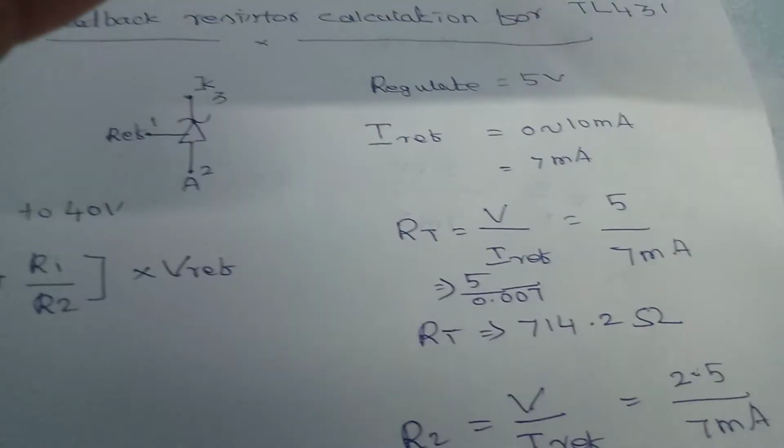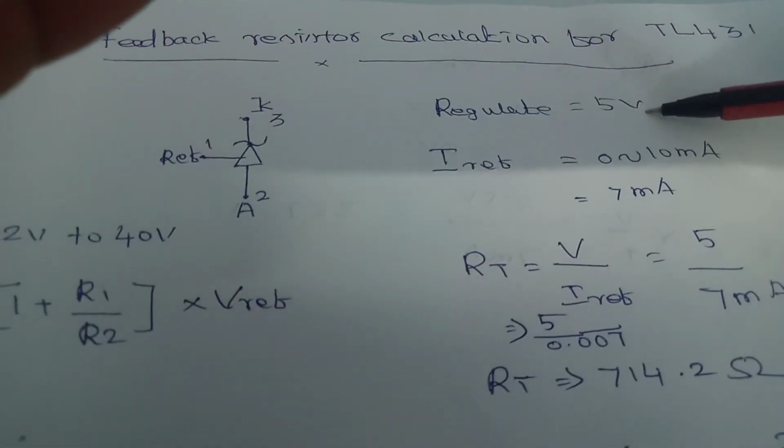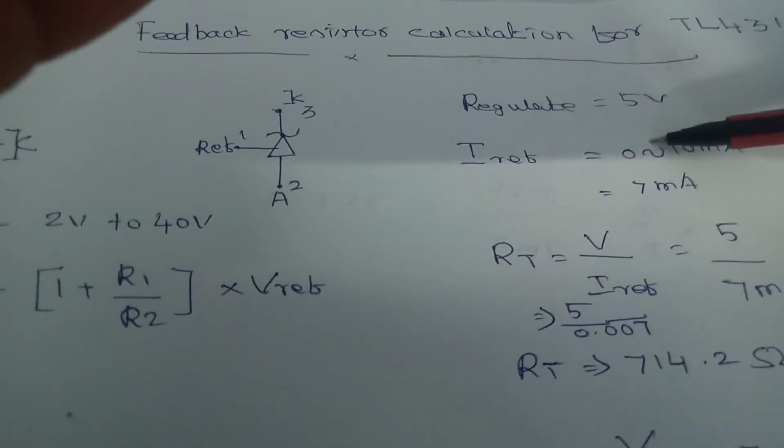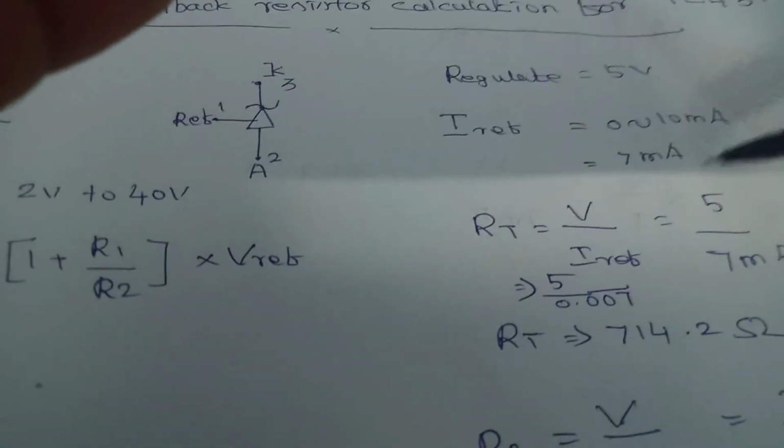Coming to the formula, I need to regulate my voltage to 5 volt. According to the data sheet, the reference current is 0 to 10 milliampere, and I am taking 7 milliampere.